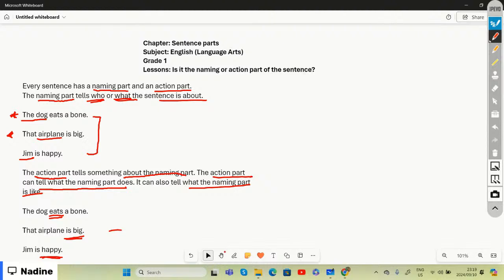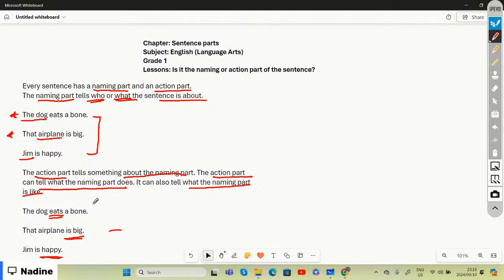And the action part tells us what the naming part is doing or what the naming part is like.